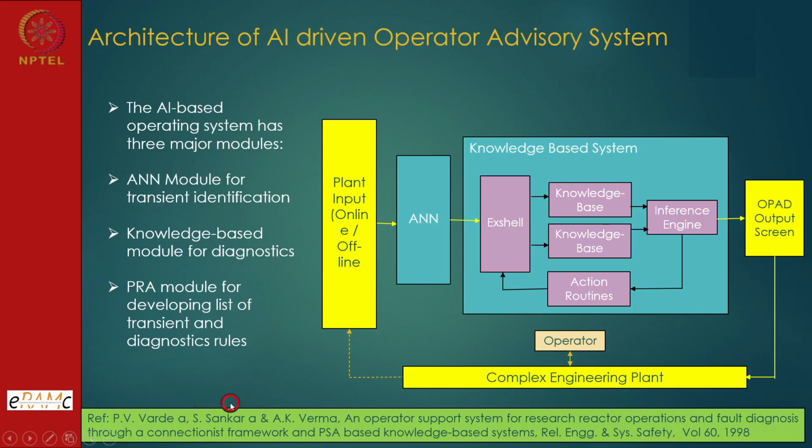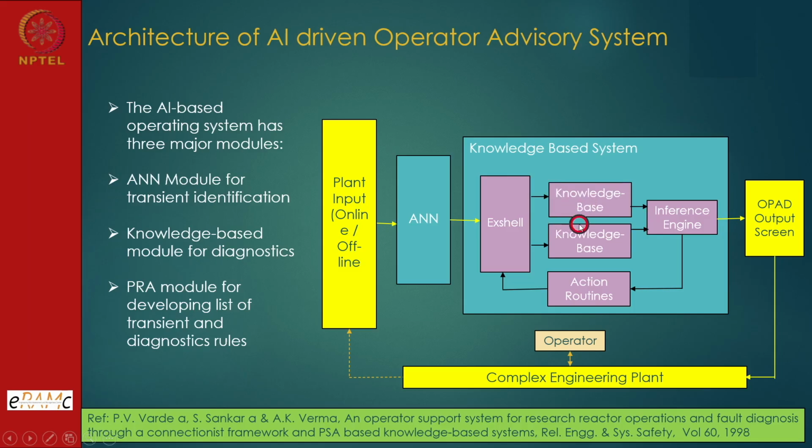I have explained these things in my paper, which was published in 1998, and it gives a complete perspective. You will find much more than what I am talking about here because of limited time. So, a knowledge base is built, which means at least the critical components that play a part in the safety and reliability of the plant should form part of it.